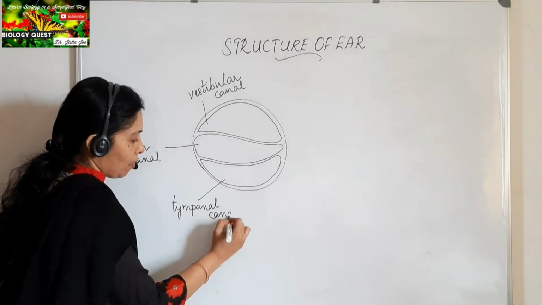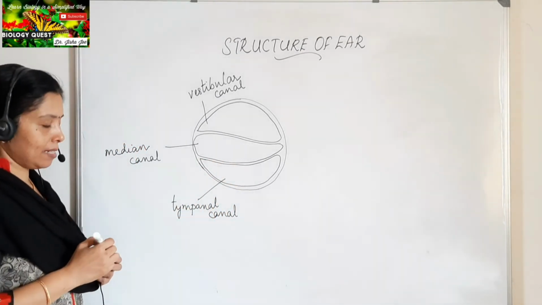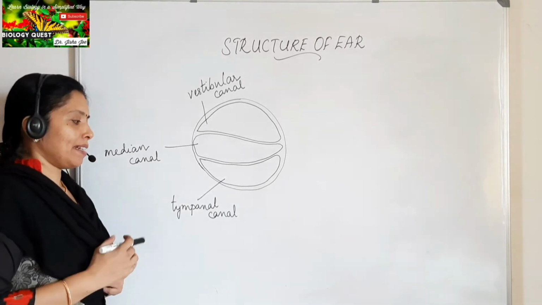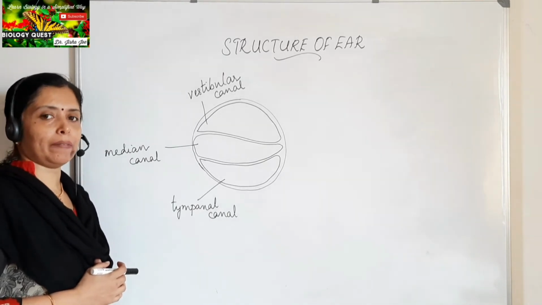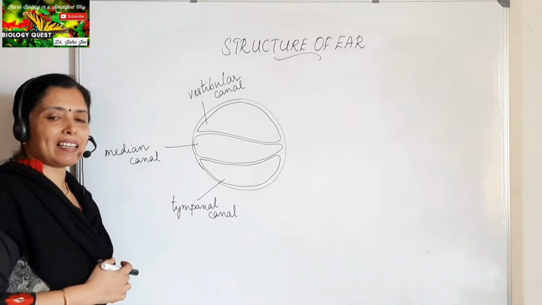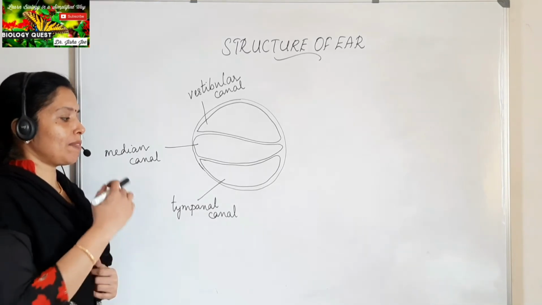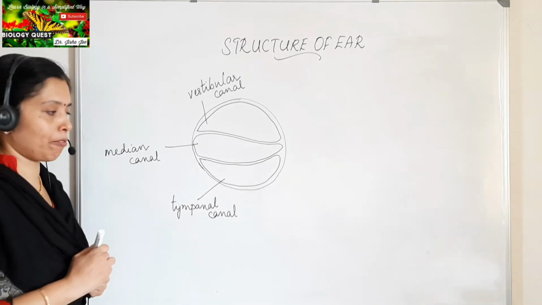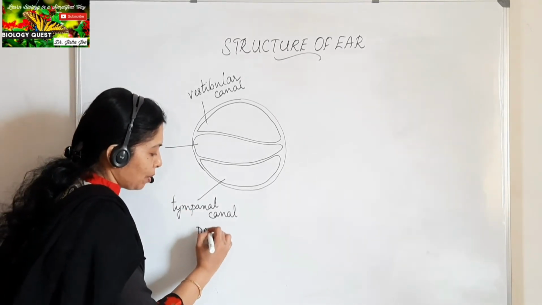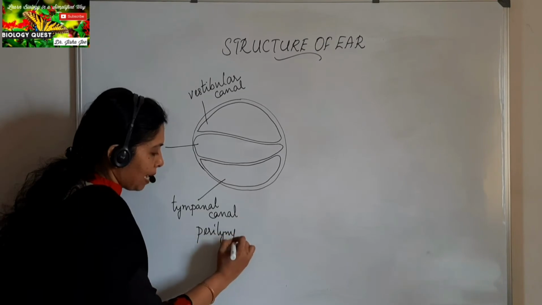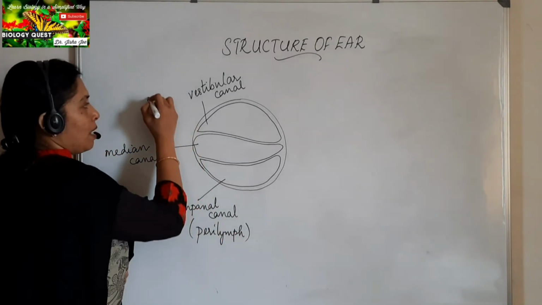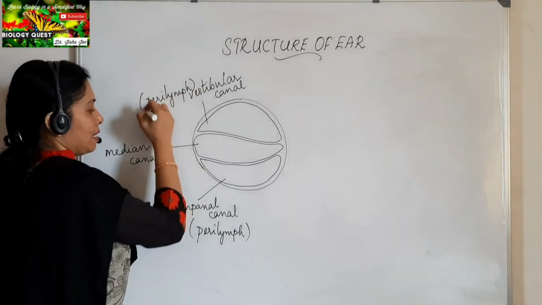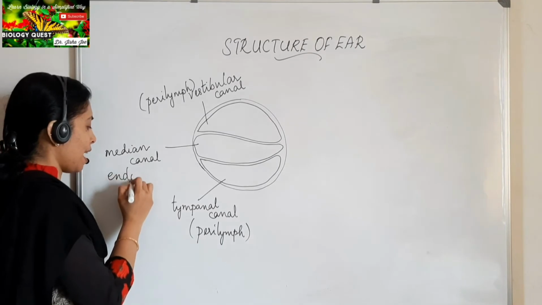So internally the cochlea is divided into three canals: the vestibular canal, the middle median canal, and the lower tympanal canal. And all the three canals are filled with fluid. The fluid present in the vestibular and the tympanal canal is called the perilymph. And the fluid present in the median canal is called endolymph.